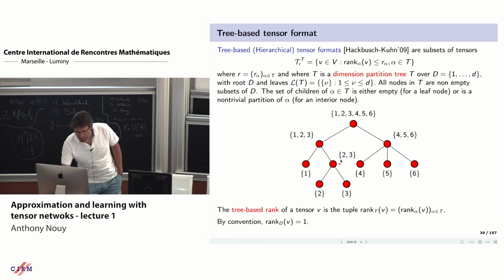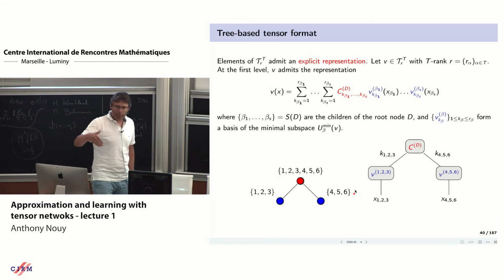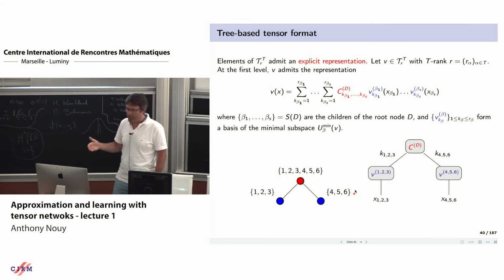So the question is now, what is a practical representation of such an object? Can I represent a tensor V, like in this set, with a practical representation? And the answer is yes, if you introduce for T a dimension partition tree. I will show you how to come up with a practical representation of these tensors.